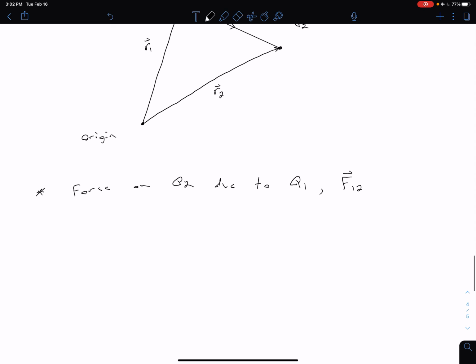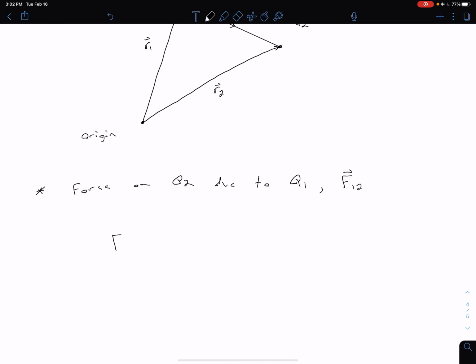But this force on Q2 due to Q1, the force on 2 due to 1, is equal to, so we're still going to have the product of our two charges, Q1 and Q2, in the numerator, and now writing out that k explicitly, remember, as 1 over 4 pi epsilon naught, I'm going to put a 4 pi epsilon naught in the denominator, distance squared, and now I'm going to put a direction, u of r12.